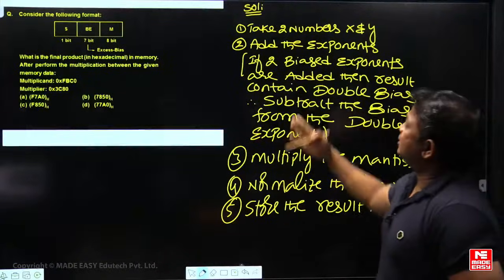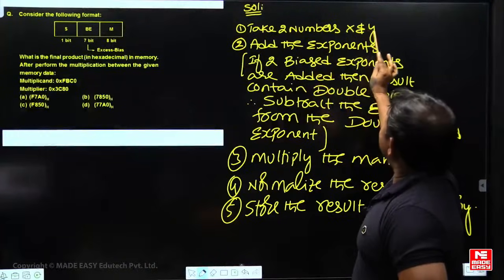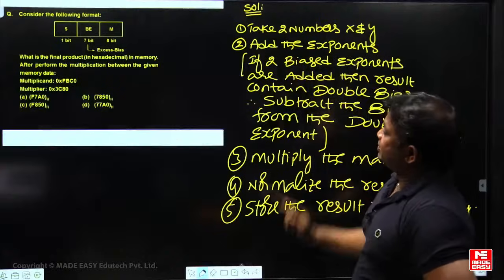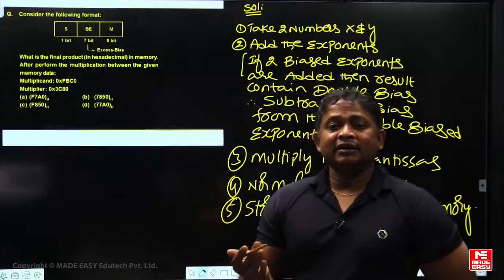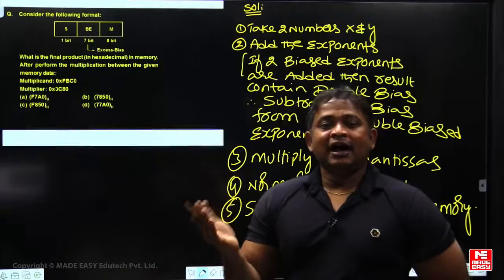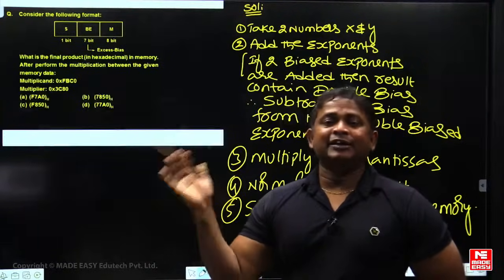Friends, this is the actual procedure everyone knows. First take two numbers and add the exponents. Normally, if your data has actual exponents, after adding two actual exponents we still have an actual exponent, then add the bias.